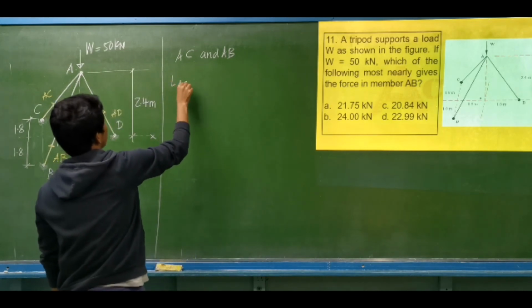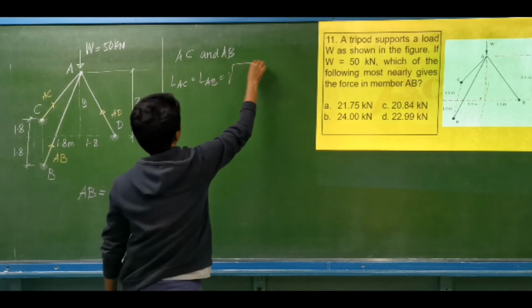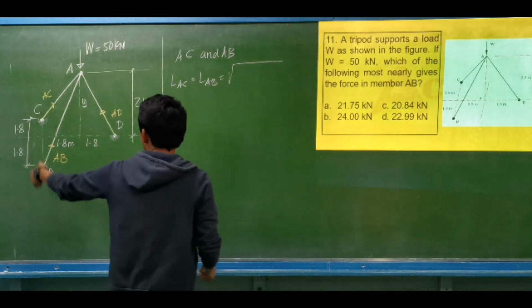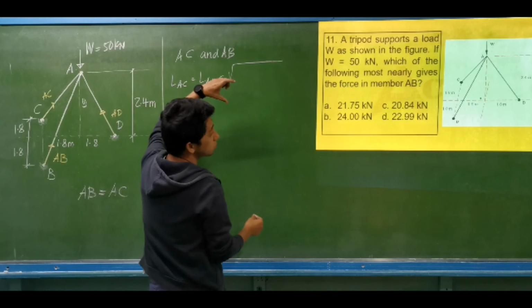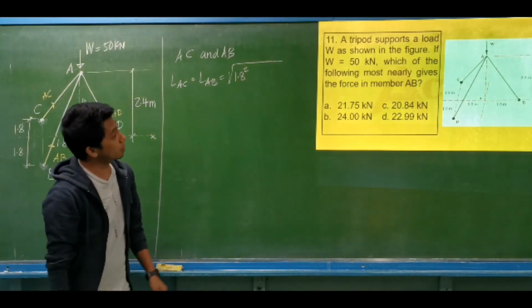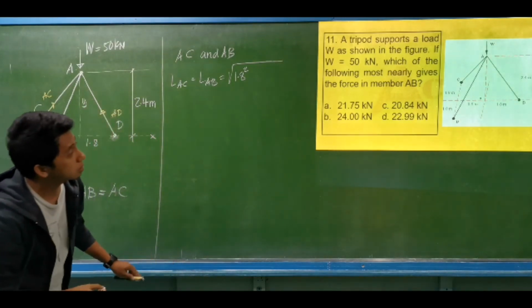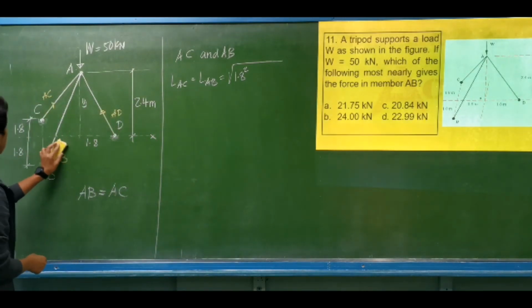The length of member AB is equal to the square root of, if you observe the dimension, that is 1.8, three-dimensional. So 1.8 squared plus, that is only 0.9.